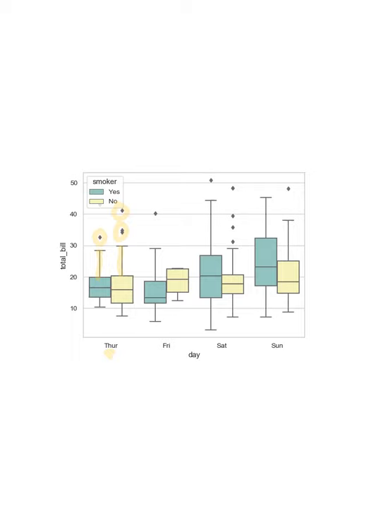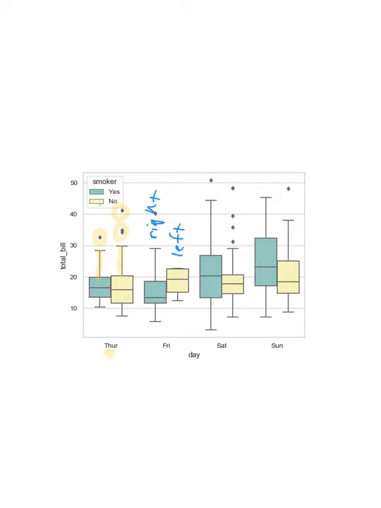Now let's look at Friday. Looking at the smokers, the darker color, they are still skewed to the right. Whereas the non-smokers would be a left skew, because you can see it's really tight at the top, and then there's a little bit of tail at the end.